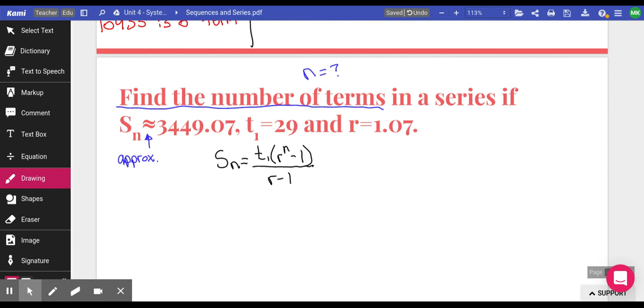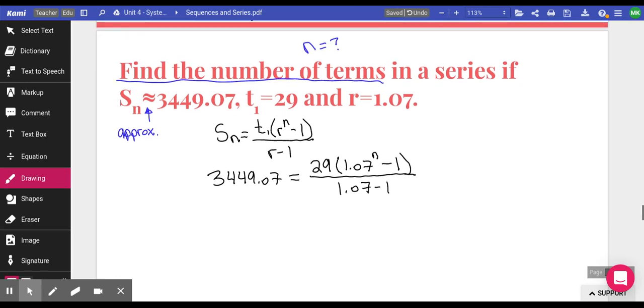We're going to fill in everything we know. So we know S of n is approximately 3,449.07. That equals the first term, which is 29, times r to the power of n. So we have 1.07 to the power of n, and then subtract 1. In the denominator, we have 1.07 minus 1.